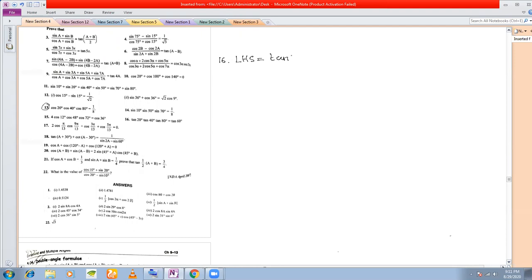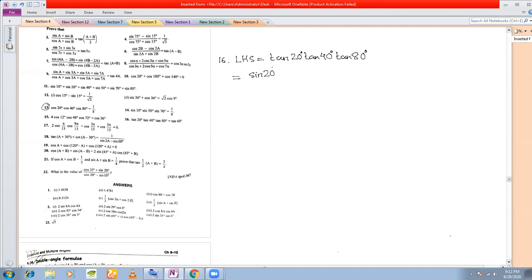Left hand side is tan 20 degree, tan 40 degree, tan 80 degree. And we are going to show that this is equal to the right hand side, which is tan 60. So what you first do is you convert tan to sine and cos.